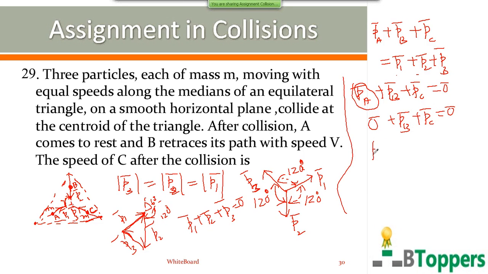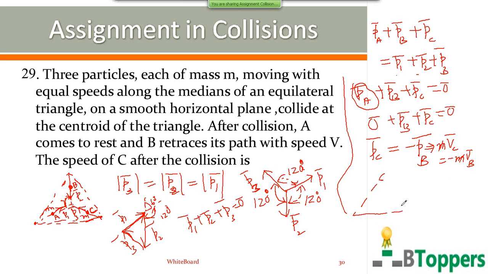That means just after collision the momentum of C will be equal in magnitude but opposite in direction to the momentum of B. Momentum of C can be written as mass of C into velocity of C, and momentum of B as mass of B into velocity of B. Masses are equal. That means at the instant just after collision, the particle C will be moving with the same magnitude of velocity as the particle B, but in opposite direction.